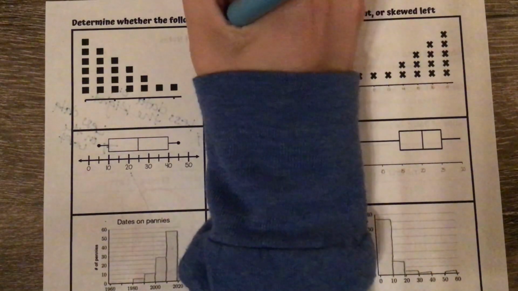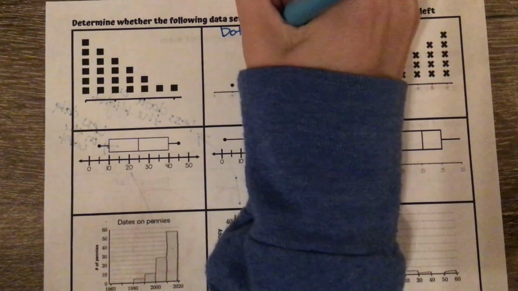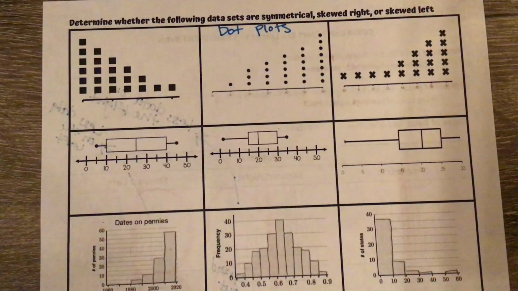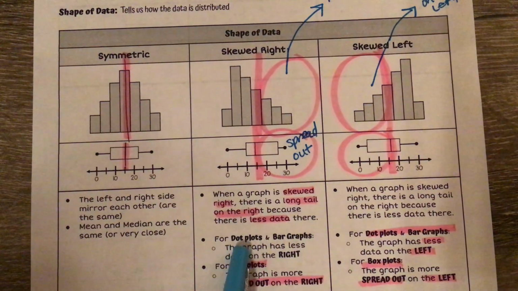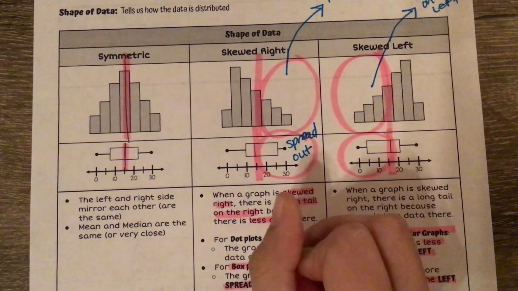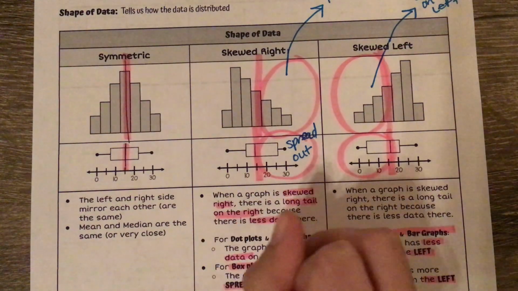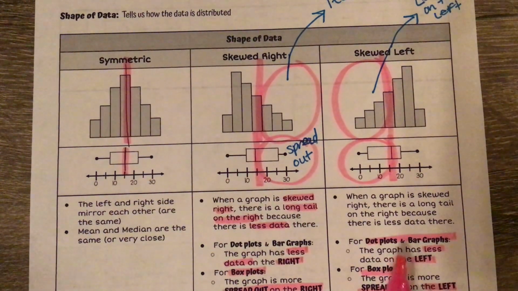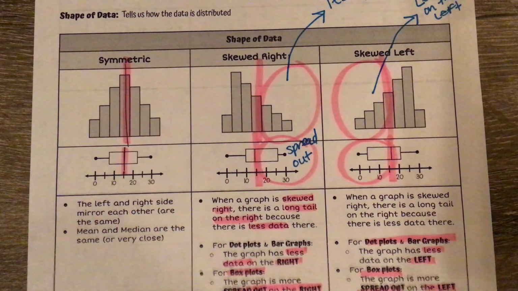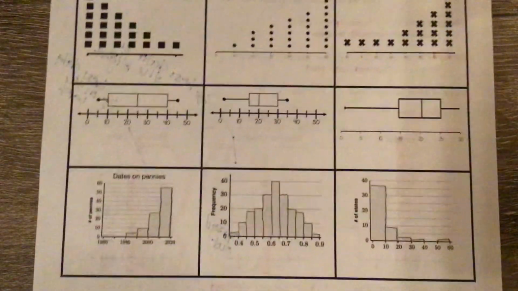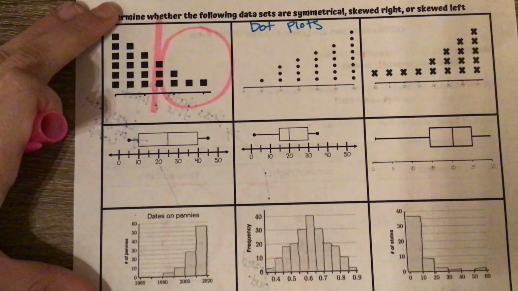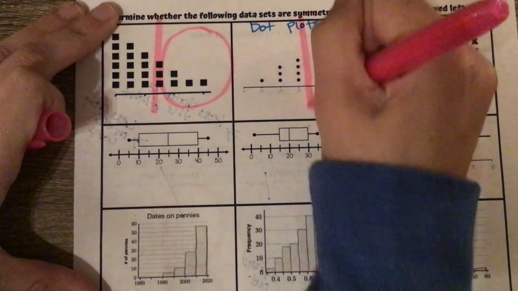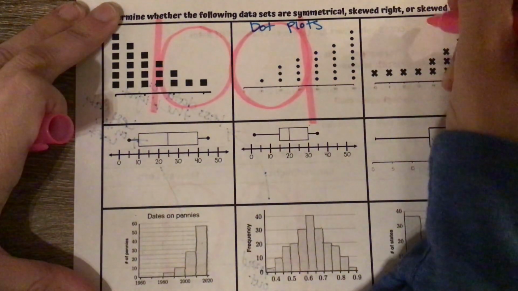Here we have our dot plots. In a dot plot, if it's skewed right, there is less data on the right. If it's skewed left, there's less data on the left. So when I split these in half, or close to it at least, less data here.